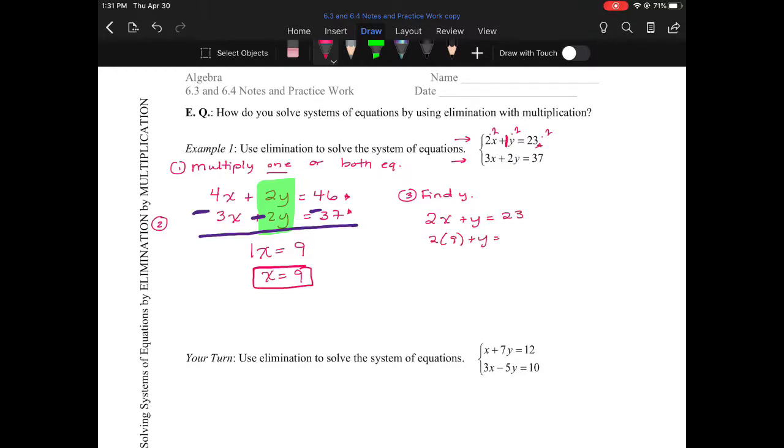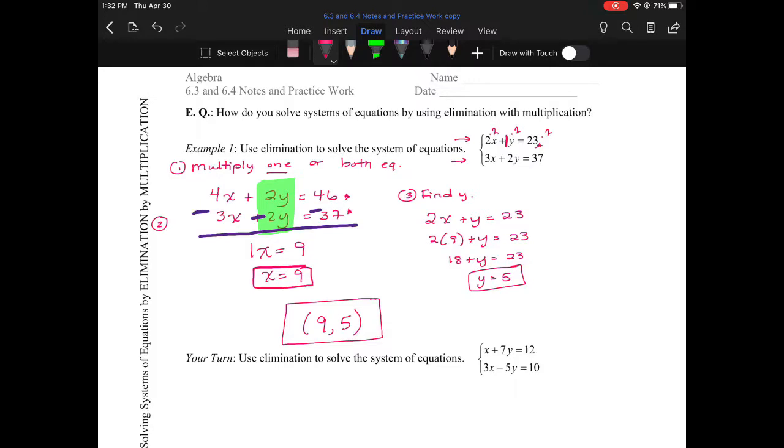So now it's going to be 2 times 9 plus y equals 23. So 18 plus y equals 23. And 23 minus 18 is going to give us 5. So this solution, because remember it's an ordered pair, is 9, 5.